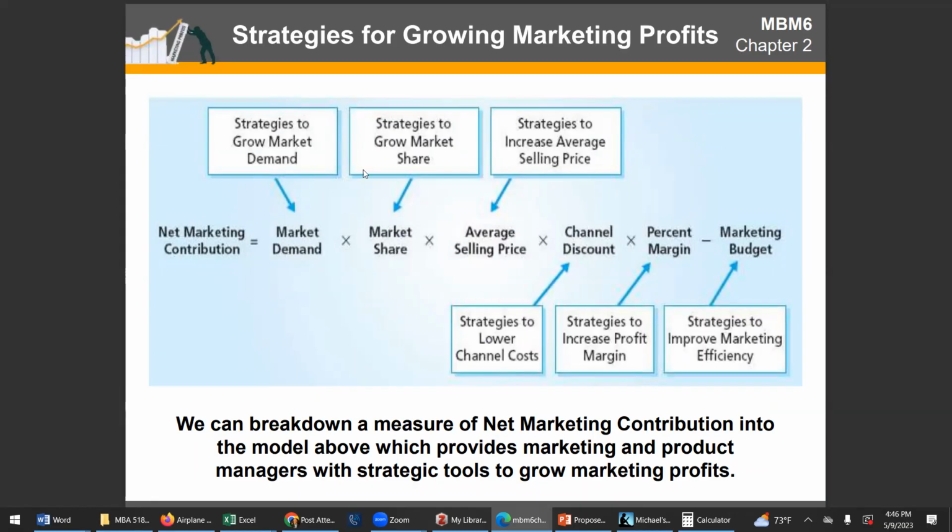So this is sort of, again, an exploded view, if you will, of what is driving net market contribution. It's market demand, market share, average selling price, channel discount, percent margin, and marketing budget.